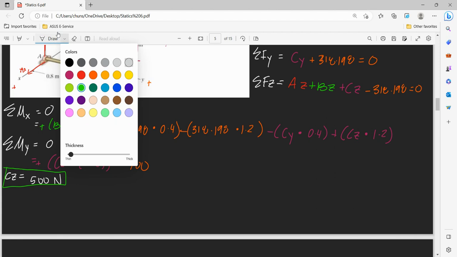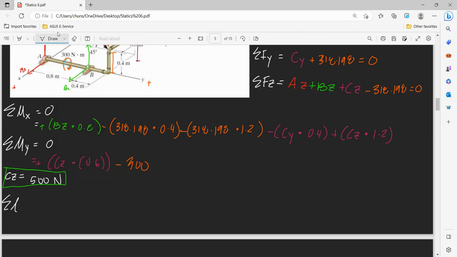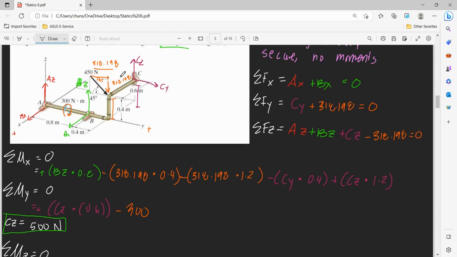Okay, so that is our first value answered. Next is about our z-axis. So what can we eliminate? We can't use az, bz, cz because they are all parallel. Ax goes through, and this component is also parallel, so we can't use that. So we can use bx, this y component, and this y component here.